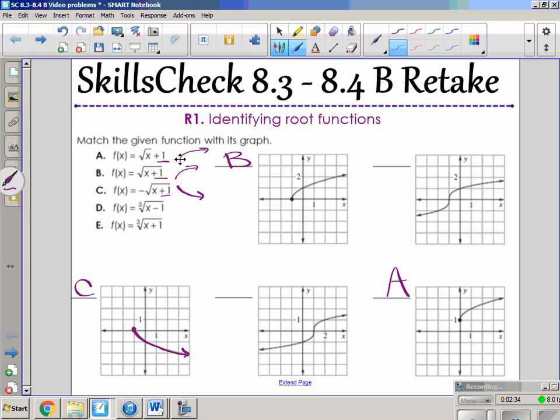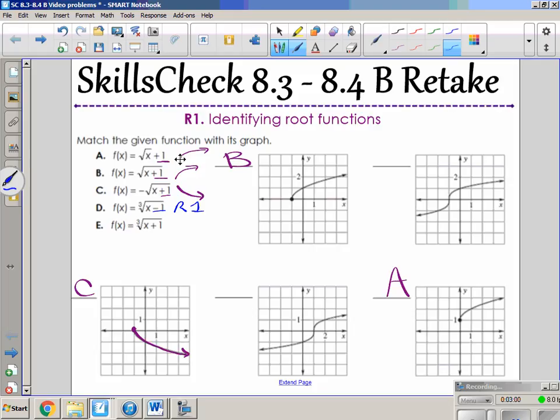Okay? That leaves us with 2 cubic root graphs, and they are pretty similar to each other. The only difference is one of them's been shifted right 1, and one of them's been shifted left 1. So they both deal with a horizontal shift. However, in D, it's a minus 1, and since the horizontal shift is opposite, that means it's been shifted right 1.